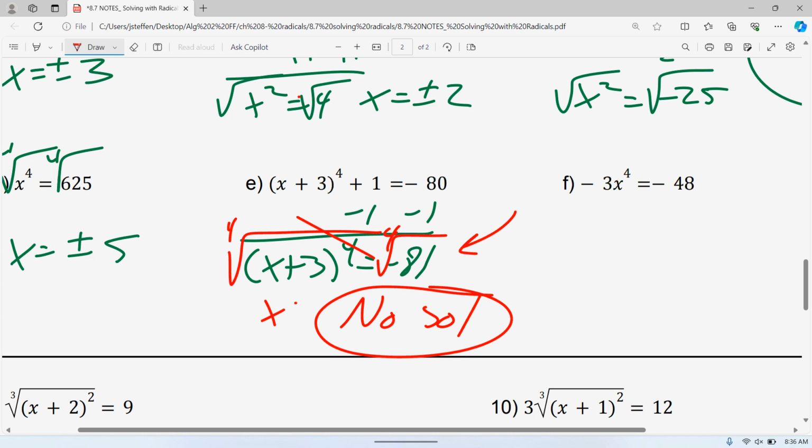Now, to be honest with ourselves, if you forget that and you solve this like normal and get the fourth root of 81 is 3 maybe, if you solved it normally, I'd still give you most of your points. But it saves you a lot of time.